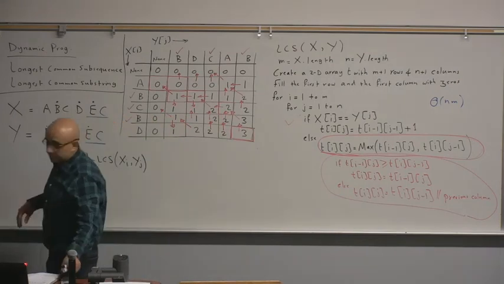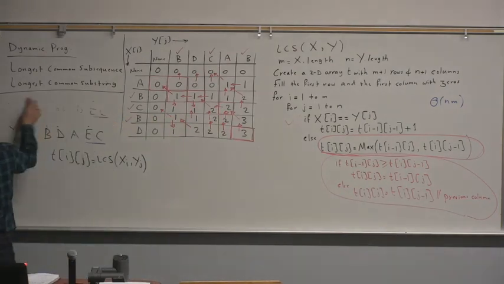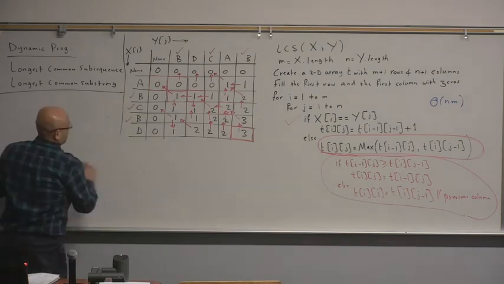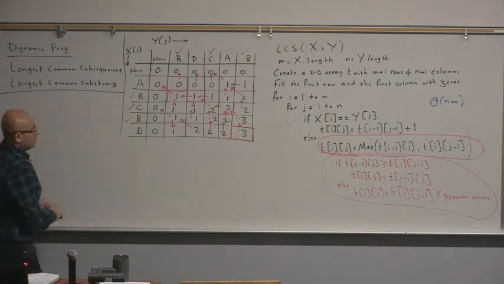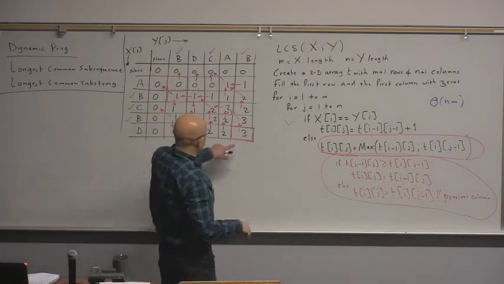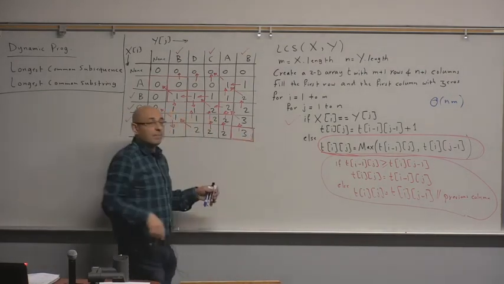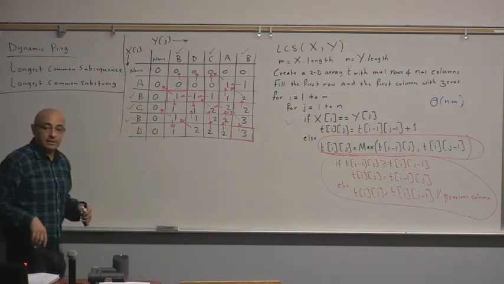Now we need to write code for tracing back, to identify the characters that got taken. So now we'll have to start from the last square, like we did here.